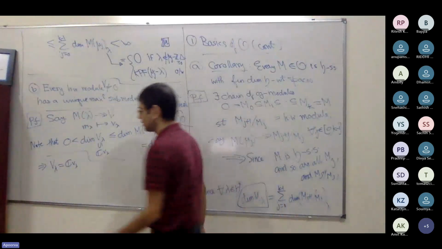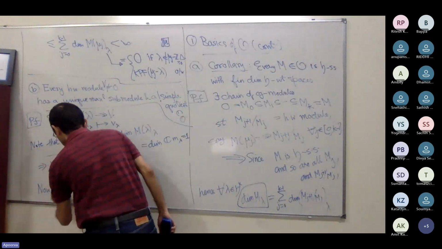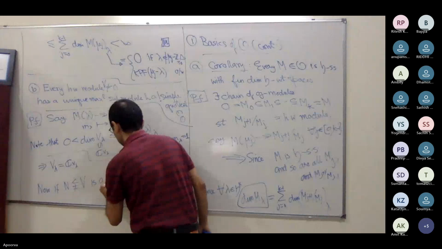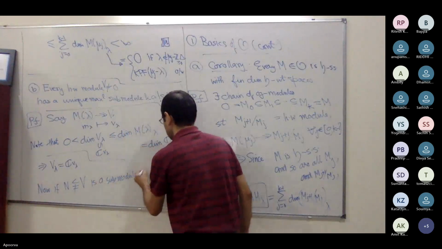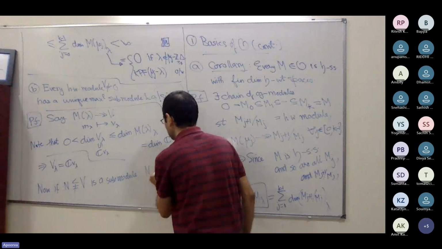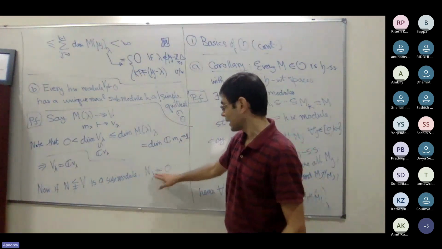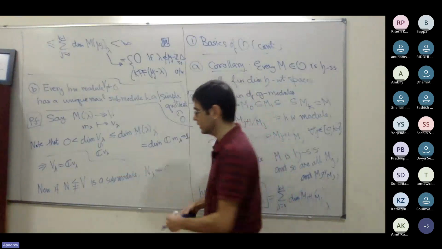Now suppose you have any proper submodule N. Then N lambda has to be 0. Why? Because N lambda has dimension 0 or 1. It's a subspace. Remember that N is also H semi-simple.